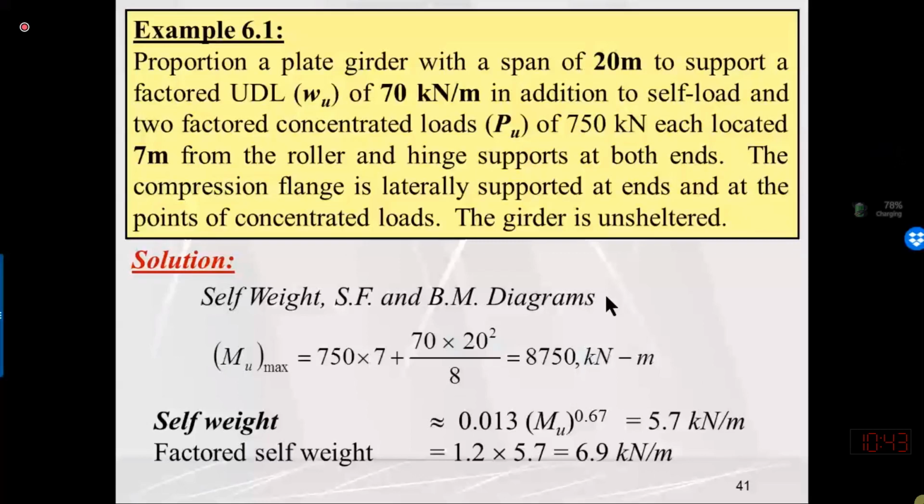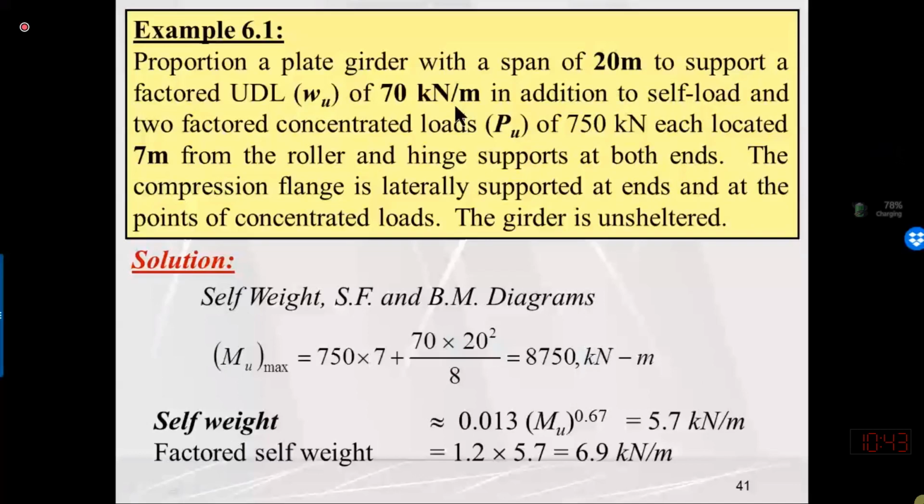So the statement is: proportion a plate girder with a span of 20 meter to support a factored UDL load of 70 kilonewton per meter, in addition to self weight. So self weight is not included; we need to assume the self weight.